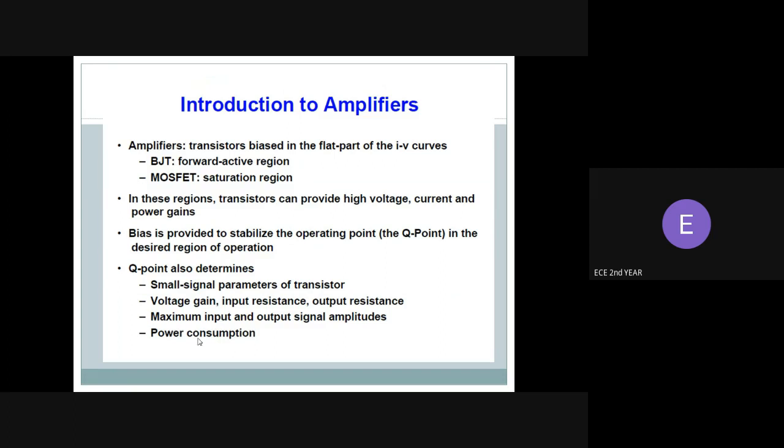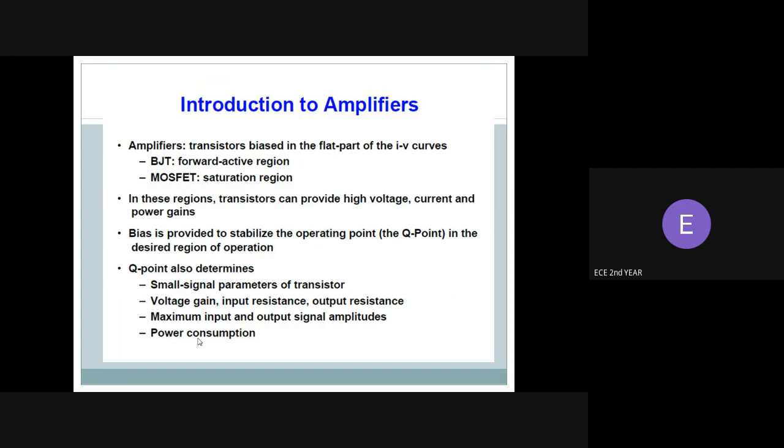Fine. BJT, amplifier, transistor, bias. So what are the things we're going to see in these slides? An amplifier is a transistor biased in the active part of the IV curve: BJT forward active region, MOSFET saturation region. In these regions, the transistor can provide high voltage, current, and power gain.